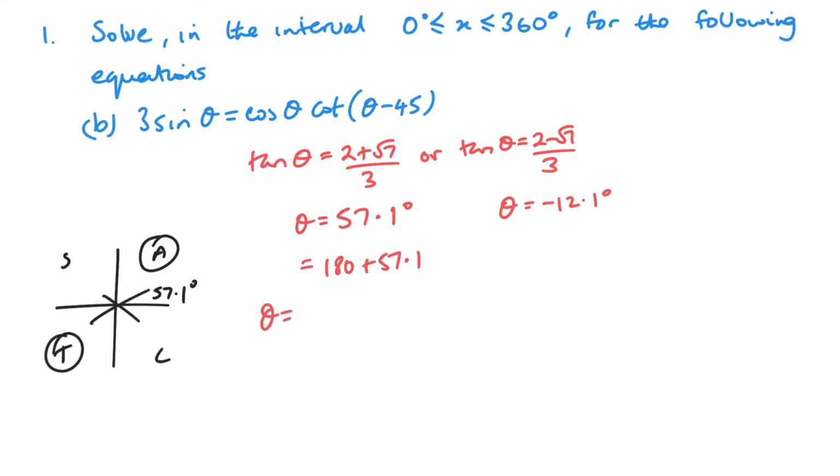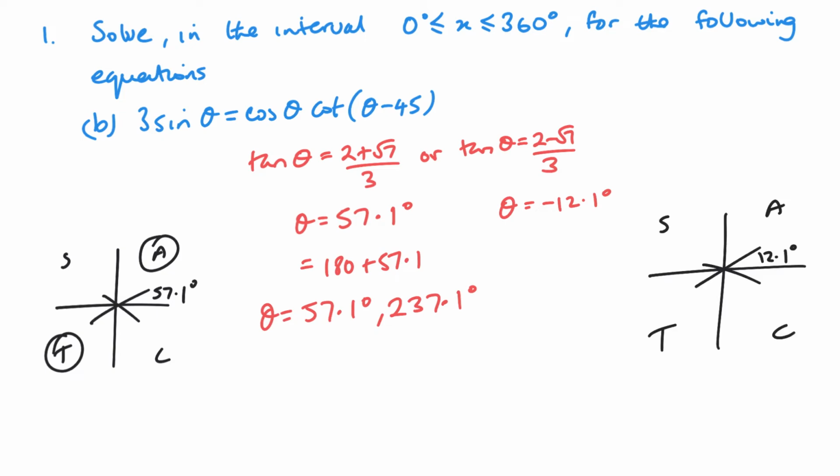So my values of theta for here are 57.1 degrees and 237.1 degrees. So looking at the other angle, 12.1 degrees will be that positive bit, but we want when tan is negative, so we want these two sections.